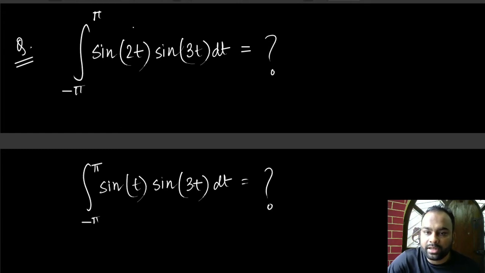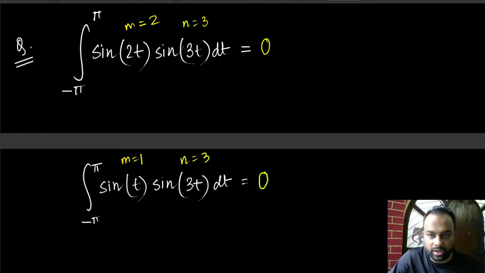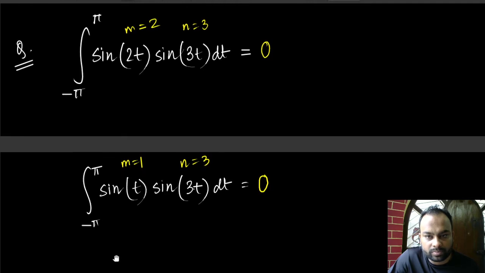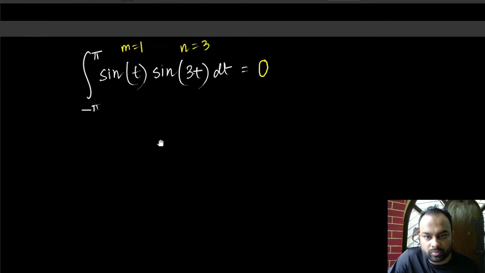Yes, of course, here you can see m is equal to 2, and here n is equal to 3. Of course, they aren't equal, so the answer is 0, right? Here also m is equal to 1, n is equal to 3, so they aren't equal, so the answer is 0, right? Right.